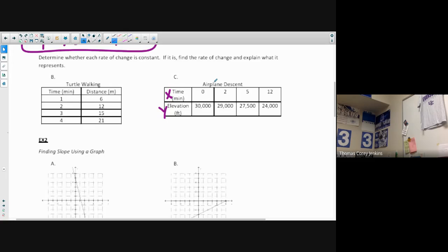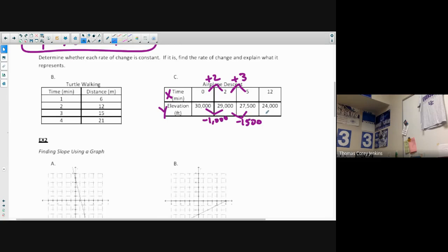All right, so first of all, is it linear? Is the rate of change constant? So let's see. If I did 29,000 minus 30,000, 29 minus 30 is -1, so that'd be -1,000 over 2 minutes, okay? 27.5 minus 29, that's going to be minus 1,500 over plus 3.